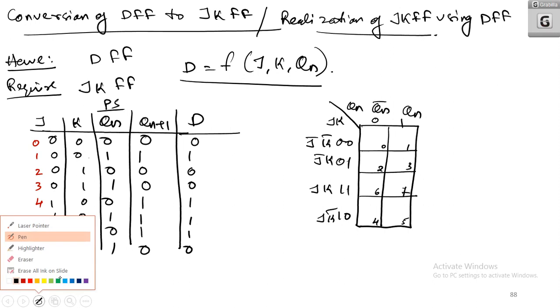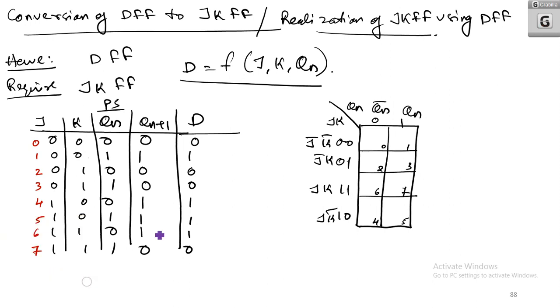Now coming into the values: cells 0 to 3 are 0, 1, 0, 0, and cells 4 to 7 are 0, 1, 1, 0.